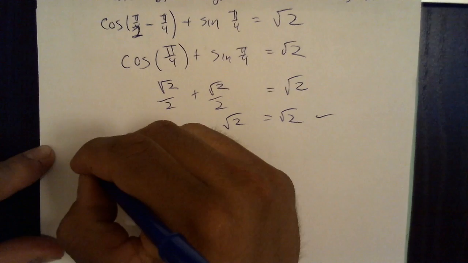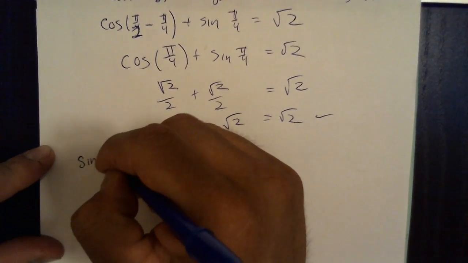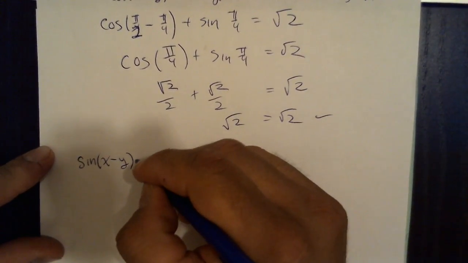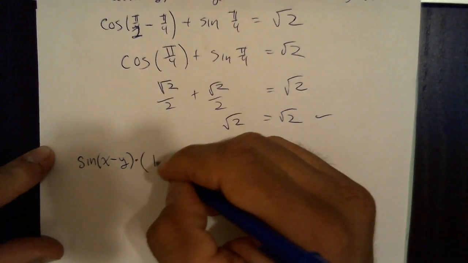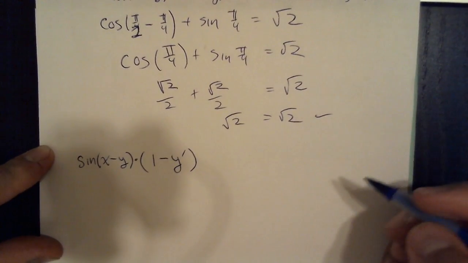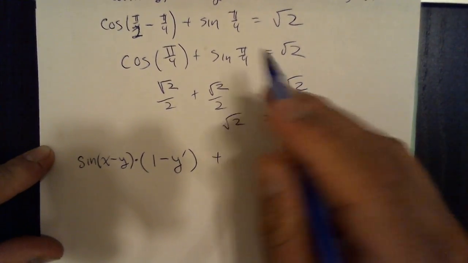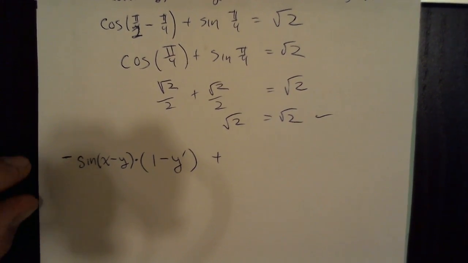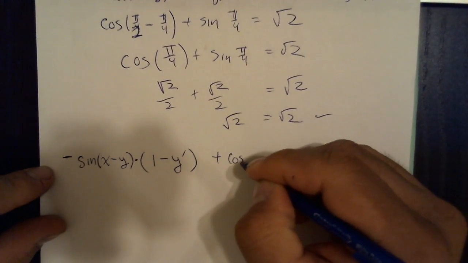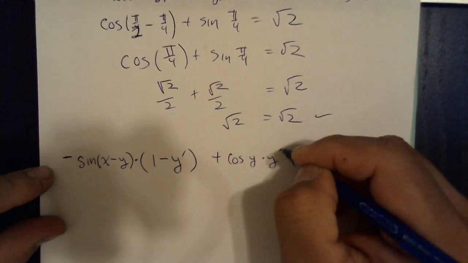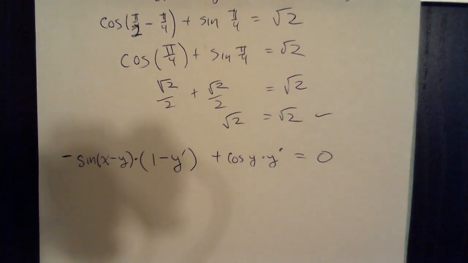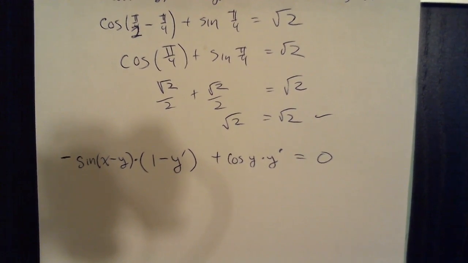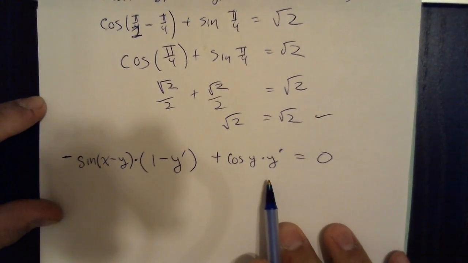So here we have sine of x minus y. The derivative of the inside is going to be 1 minus y prime, sorry, that should be a negative, plus cosine of y times y prime equals 0. Now my next step is to solve for y prime.